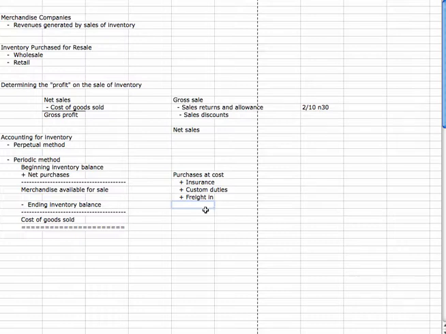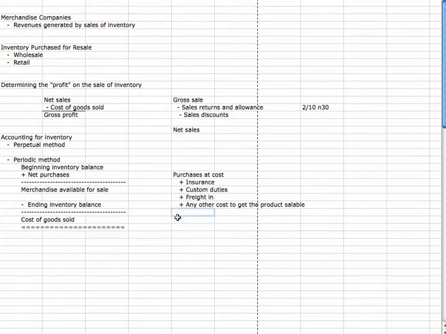Okay? Plus any other cost to get the product saleable. So net purchases is the purchase price at cost plus the insurance, customs duties, freight in, any other costs.